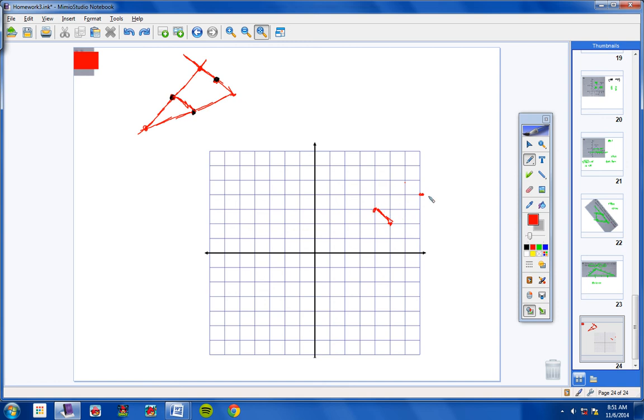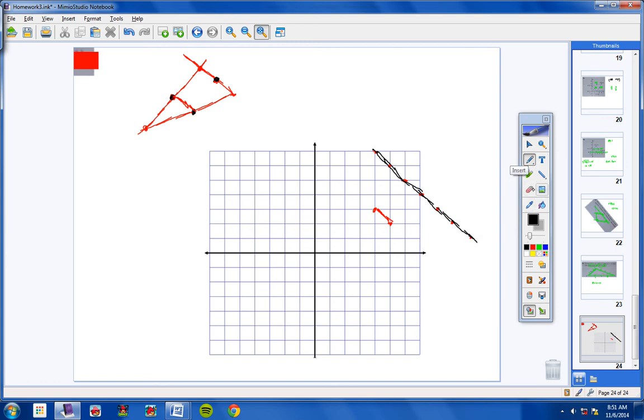So I'm going to go over 1, down 1, over 1, down 1, over 1, down 1. I'm going to go up 1, over 1, up 1, over 1, up 1, over 1. I'm not sure how long to make that side, but that looks pretty good.